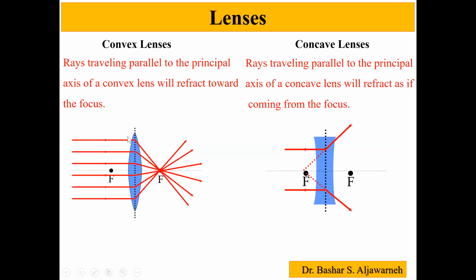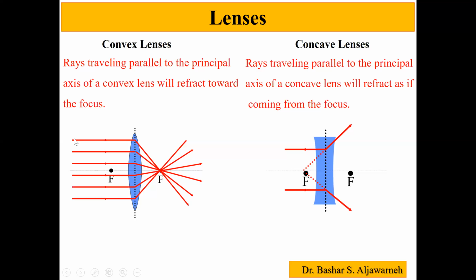As we know, we have a lens and we have light coming from one index of refraction that strikes the material of the lens, and we have two different indices of refraction. Therefore, the light will experience a refraction.